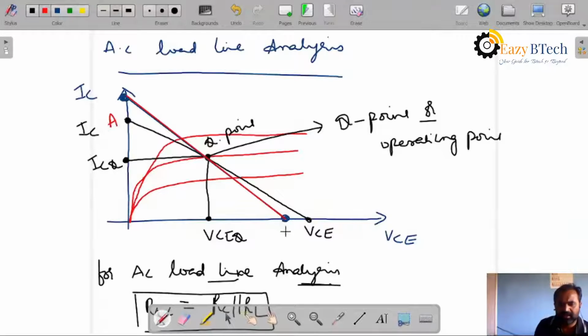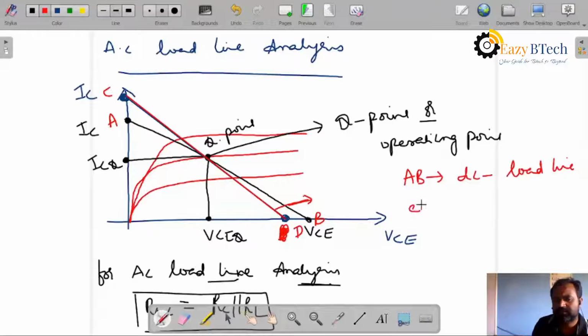This AB is a DC load line, and CD is an AC load line.